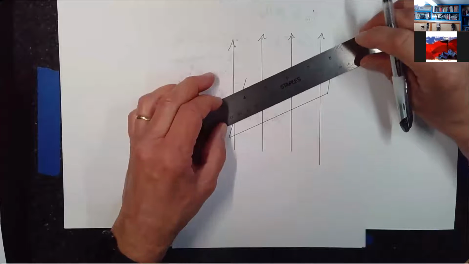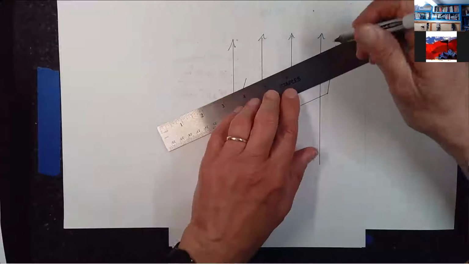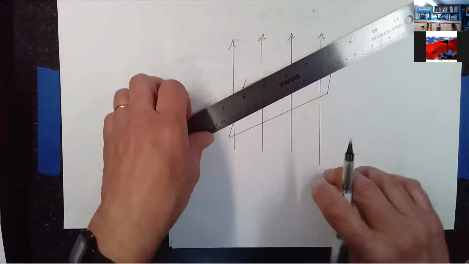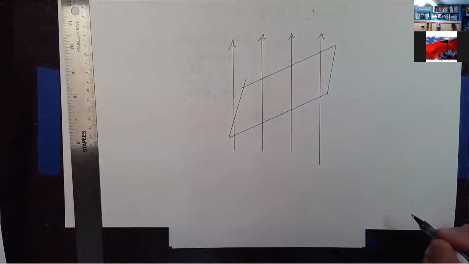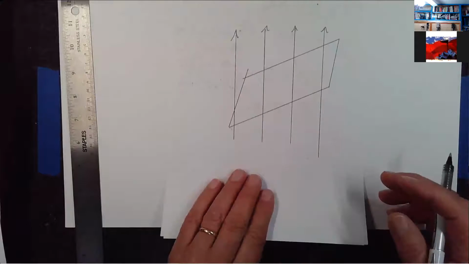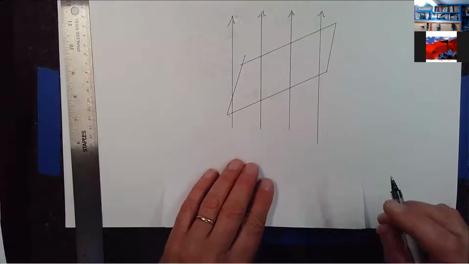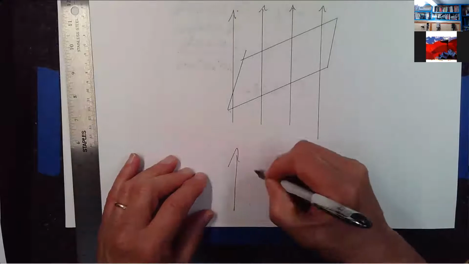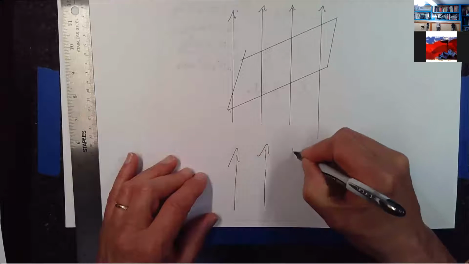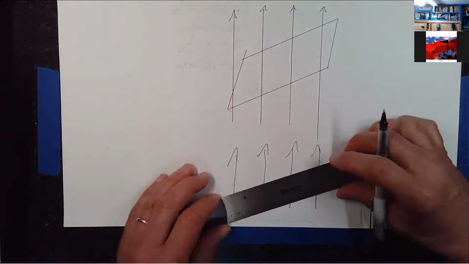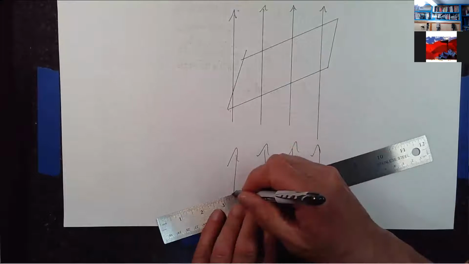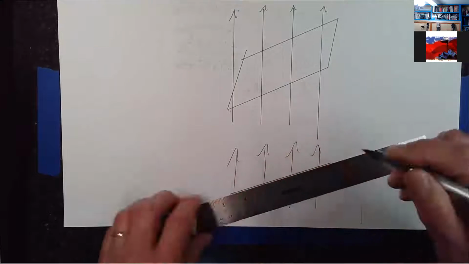Well, that doesn't look so good. We'll change our viewpoint, I guess. So if you've got the magnetic field going straight up like this, from one viewpoint the current loop will look like this.